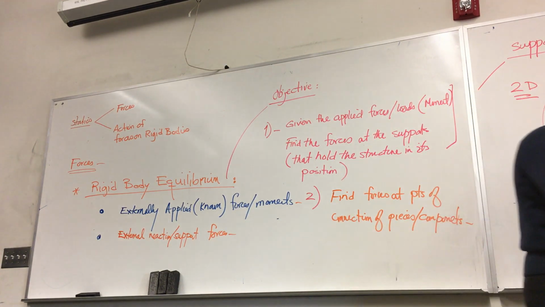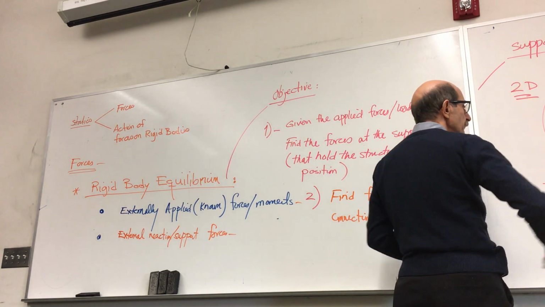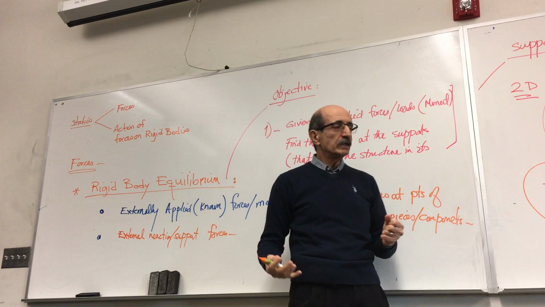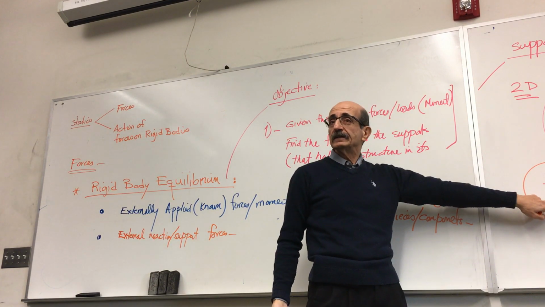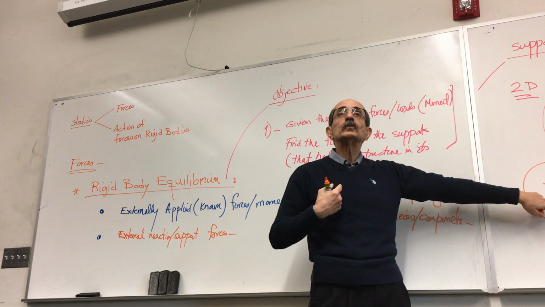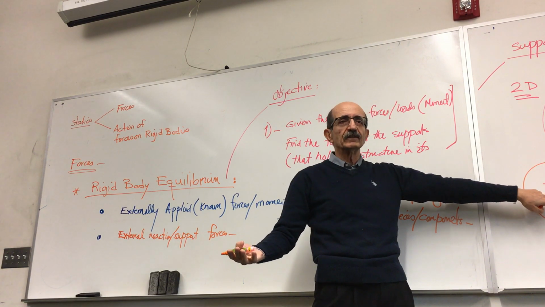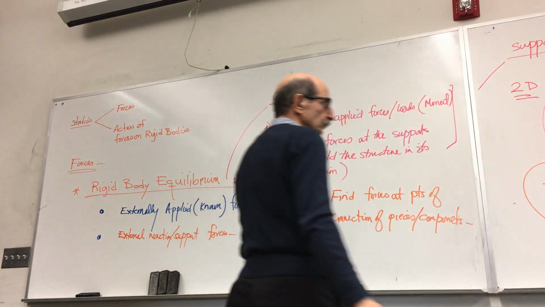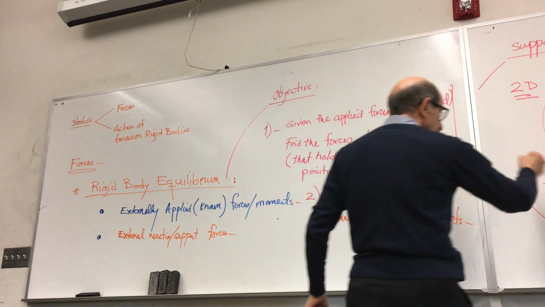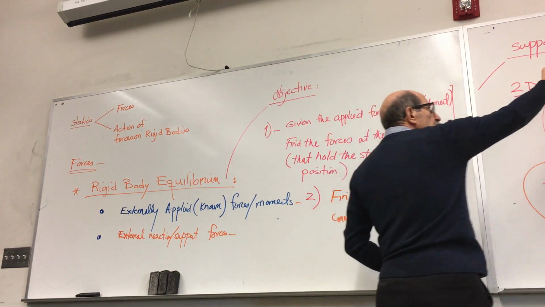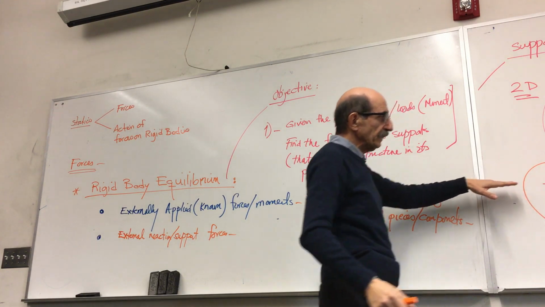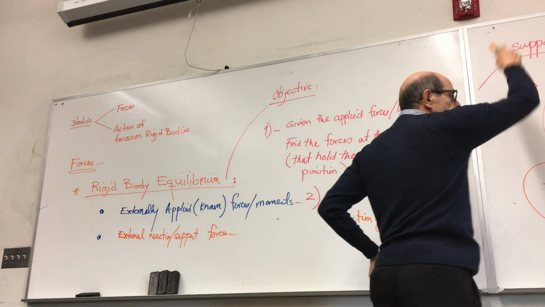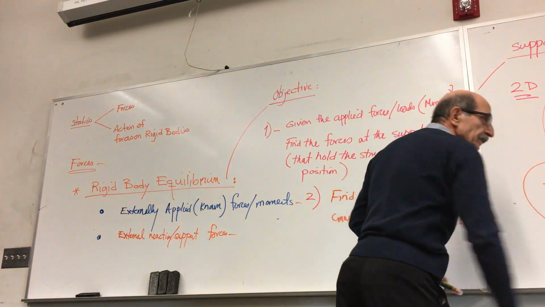In order to do that, we will model or come up with a way to translate these kinds of support to what we know, the only thing we've learned: forces and moments. What does that mean? For instance, I look at this structure, it's 2D, and I say, if this is fixed and I try to apply these loads, this cannot move in this direction, it cannot move in this direction, and it cannot rotate either.